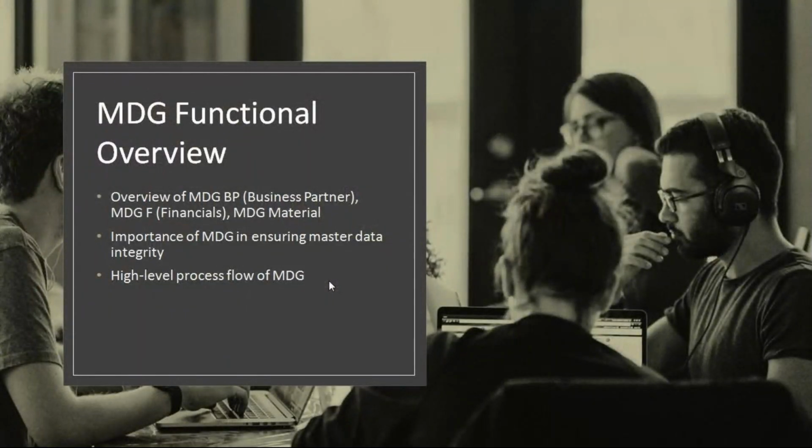Now, MDG functional overview. As I said, mainly for BP, finance and material. Business partner. Always remember that whenever S4 HANA comes into the picture, an additional concept comes with it, that is the BUPA concept. What is the BUPA concept?